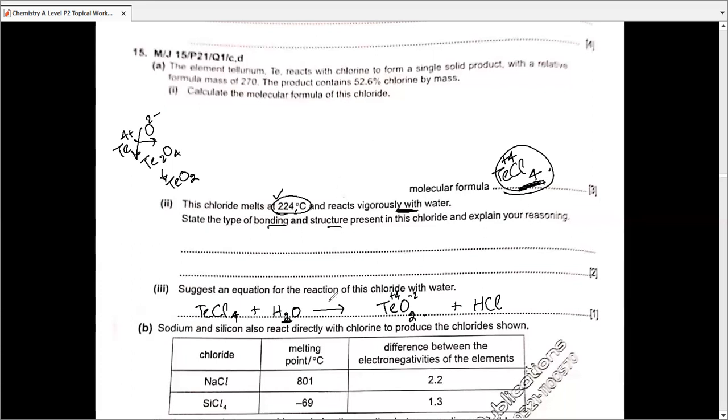There is another way of interpreting the whole situation. I just said that water is made up of hydrogen and oxygen. There is another way to interpret it, and that is water is made up of H positive and OH negative ions. Now, if H positive reacts with Cl to form HCl, then OH negative must go to Te in order to form TeOH.